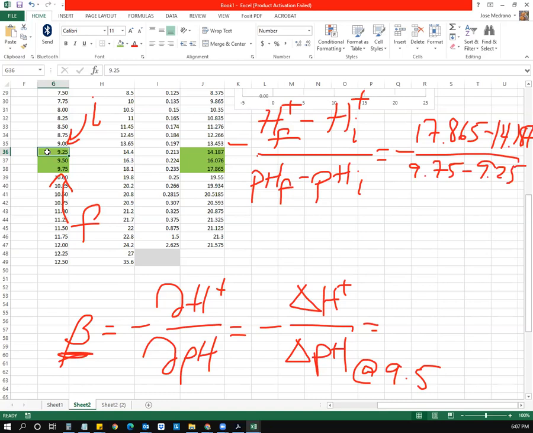So how do we turn bases into acids? We simply take the opposite, the negative sign of those. So what we have to do now is add negative 17.865 and negative 14.187 there.